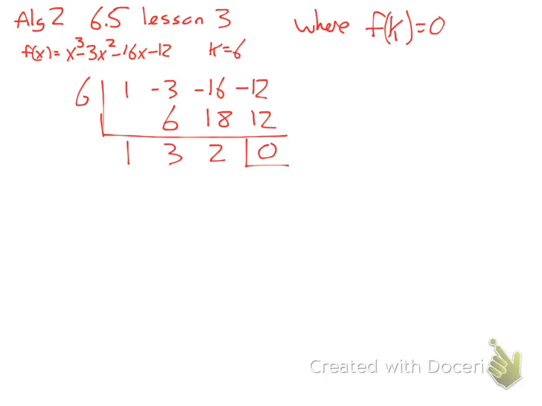So, here's a really cool thing. Remember, this is my remainder. The other numbers are the constant, x's, and x squareds. It becomes a quadratic, right?